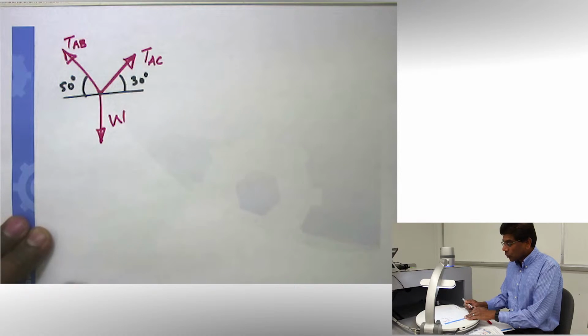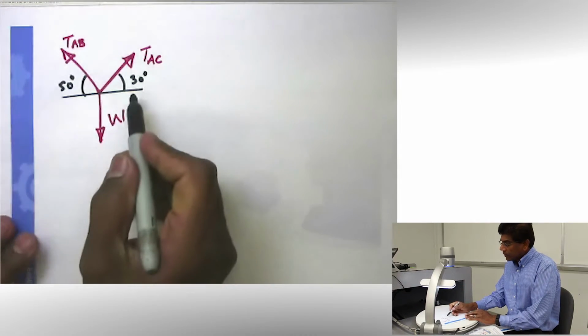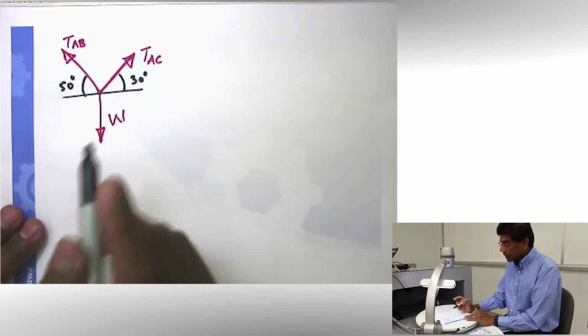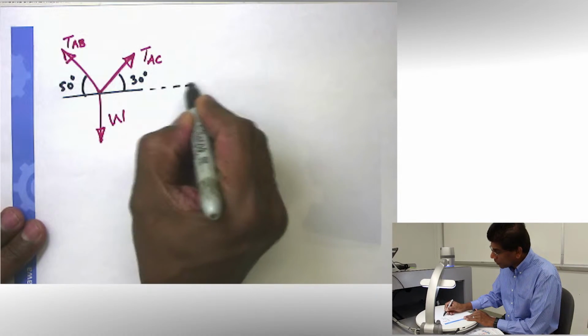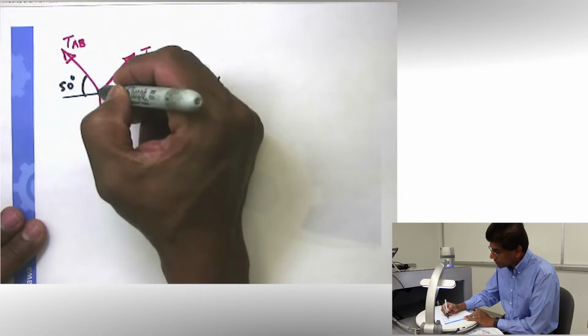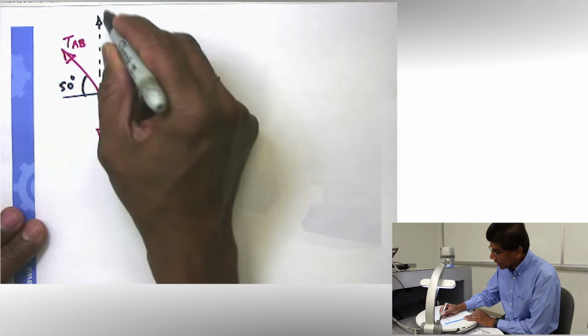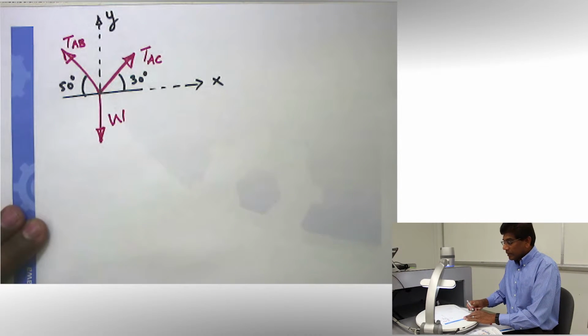All right. Forces are here. Dimensions or the angles are here. And the last piece of information that is important is to attach a coordinate system. Well, in this case, I'm going to use a simple coordinate system, x along this and y along this. This is a complete free body diagram.